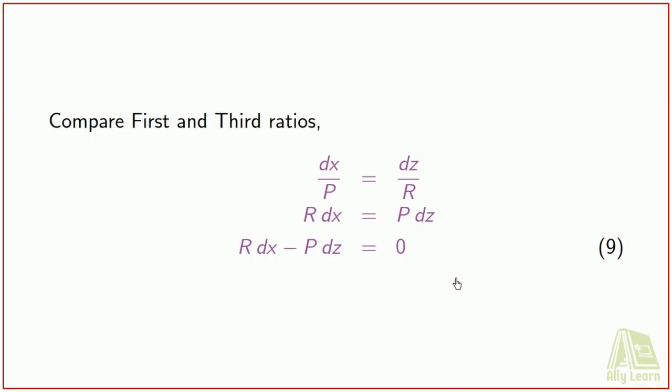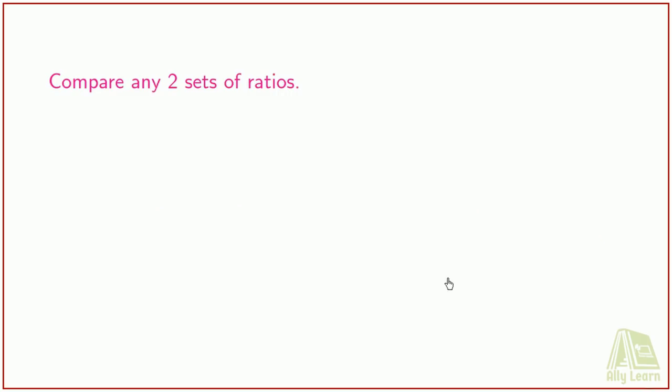I showed comparison of three sets of ratios, but when we are solving a question, we have to select two sets of ratios. It will depend on the question which choice will give us solution curves easily and faster. Accordingly, we will select which set of ratios we have to compare.